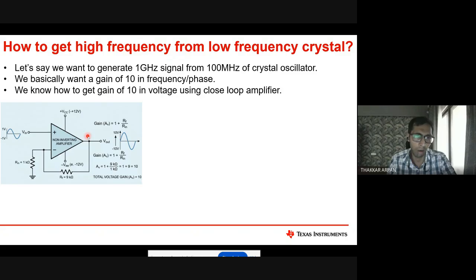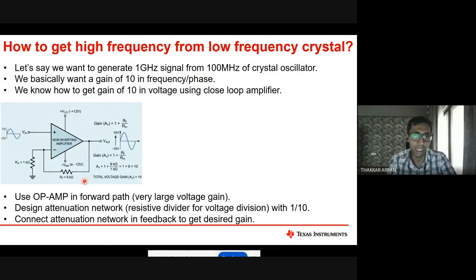So you take an op-amp, you apply an input, and the op-amp gain can be anything. The only thing is you design 9 kilo ohm and 1 kilo ohm, and that's how you get a gain of 10. So in the forward path you keep a very large gain, and in feedback you keep a resistor divider, which is nothing but voltage division.